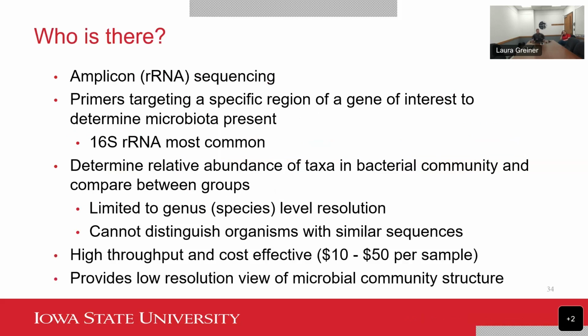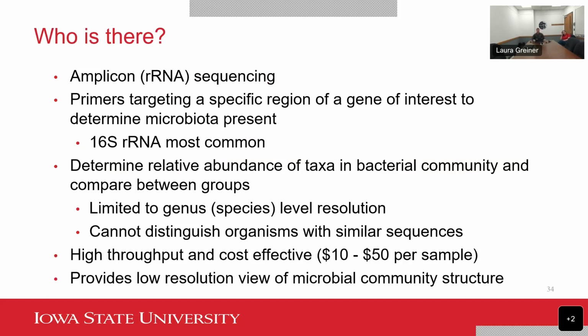So to answer the who-is-there question, we're going to use what's called amplicon sequencing or rRNA sequencing, where we're using a specific marker gene of interest to sequence, and then from that align and determine what microbes are present based on those marker genes. The most common of these marker genes that you'll hear about and read about in the literature is 16S.